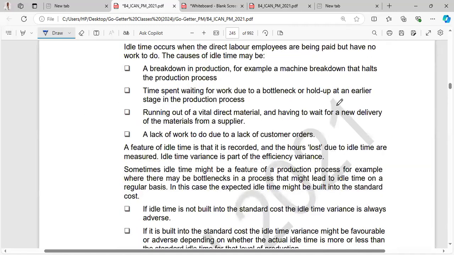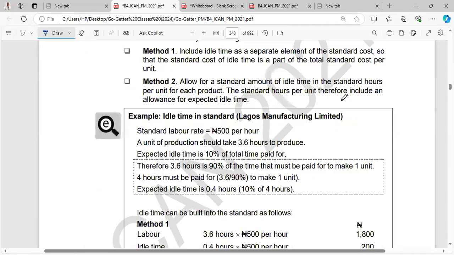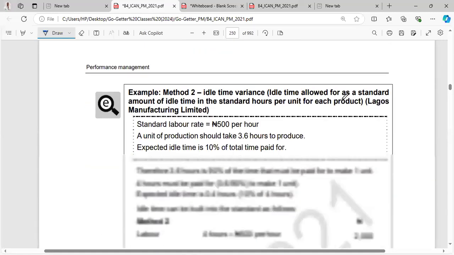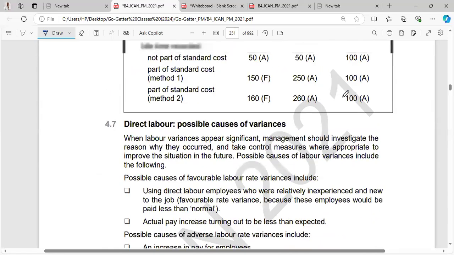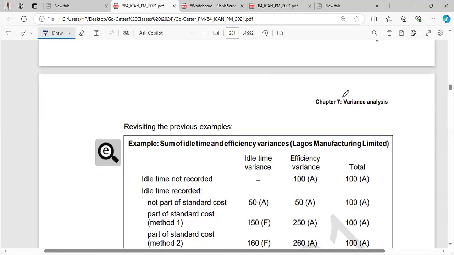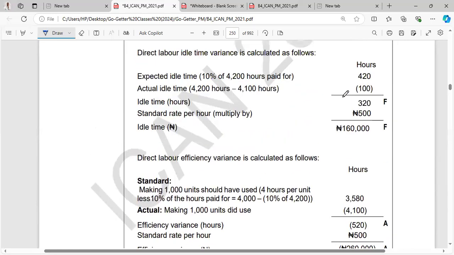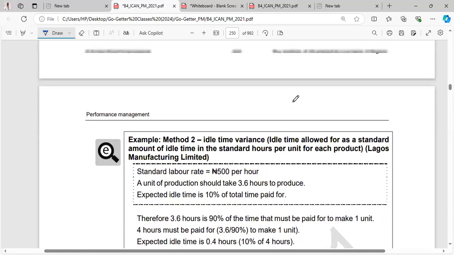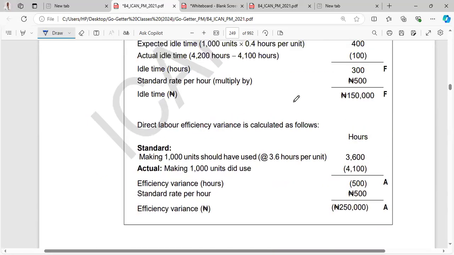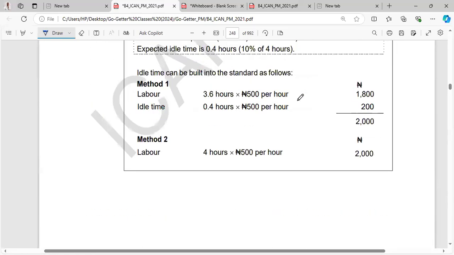Let me see how the rate variance was handled here before. Where is the rate variance here? Just a moment. Something I'm not doing right.